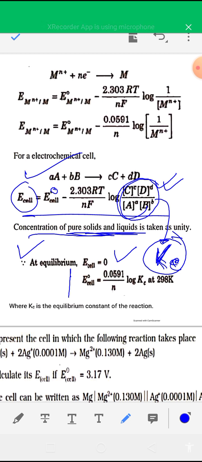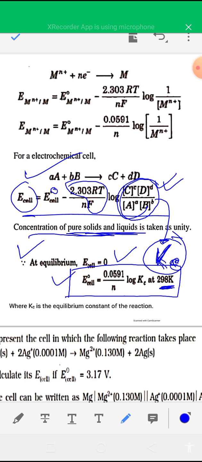So at equilibrium you can write E0 cell, the standard cell potential, is equal to 2.303 RT by nF into log Kc. At 25 degrees Celsius or 298 Kelvin temperature, the value of 2.303 RT by F is equal to 0.0591.